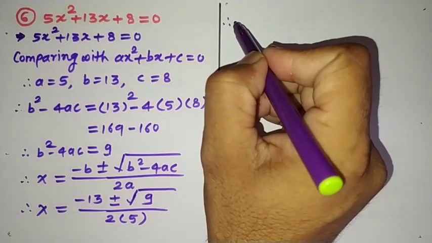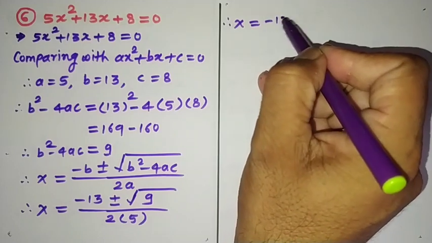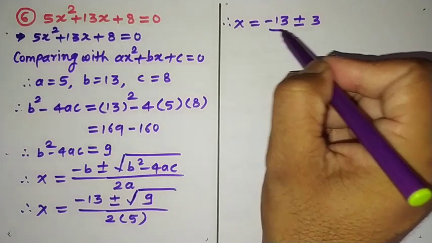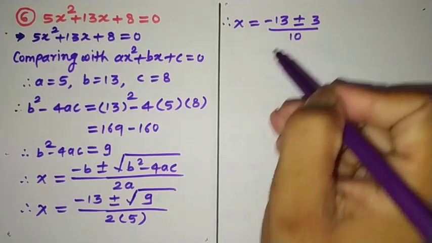Therefore, x is equal to minus 13 plus minus 3 upon 10.